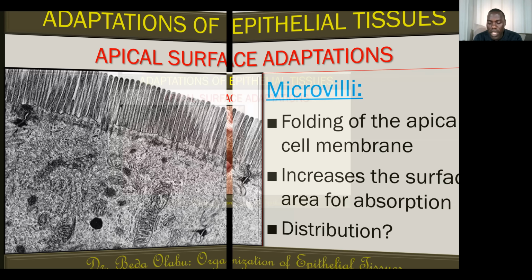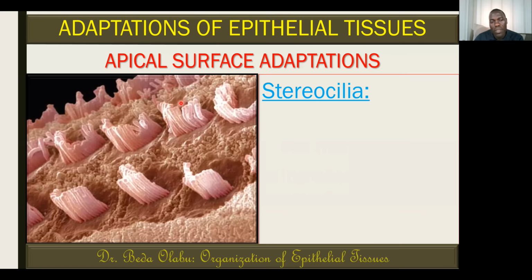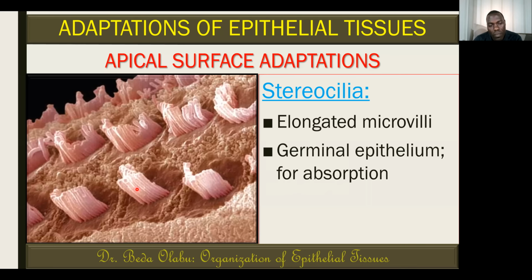The second apical adaptation to talk about is this one. This is what we call stereocilia. Stereocilia are just elongated microvilli, very long microvilli, and they tend to exist in groups. We find stereocilia in the germinal epithelium, though I told you to use that term conservatively.